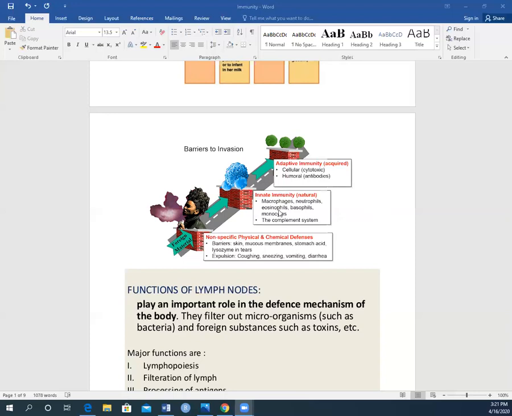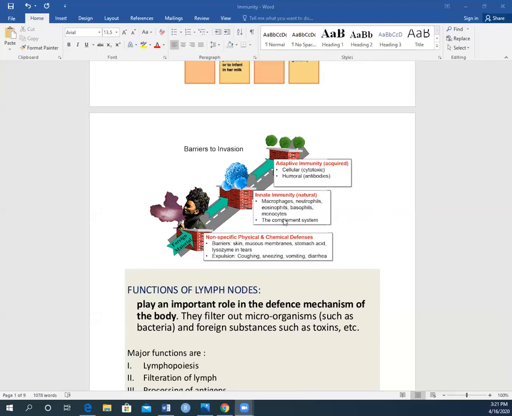Then moving up, you have your innate immunity. Remember, innate means it's naturally occurring within your body. So this is going to be your macrophages and monocytes, which are your Pac-Man cells that go around eating the antigens and infected cells, and your granulocytic cells being your neutrophils, eosinophils, and basophils.